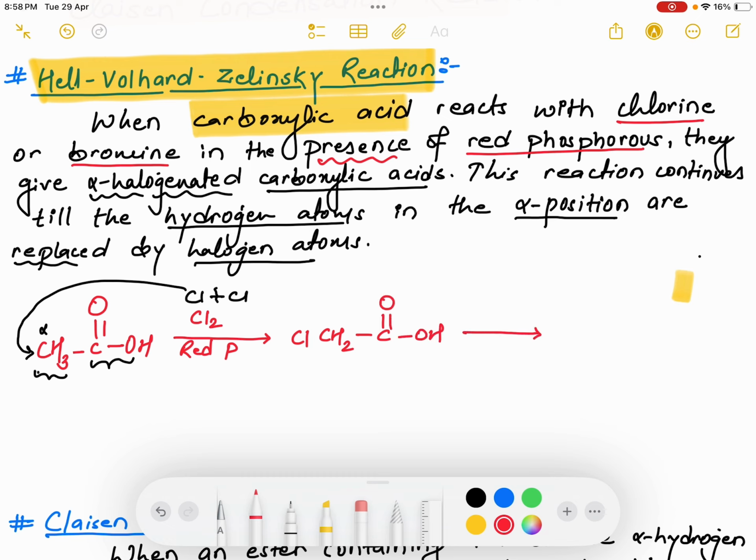Further I'm treating it with chlorine in the presence of red phosphorus.